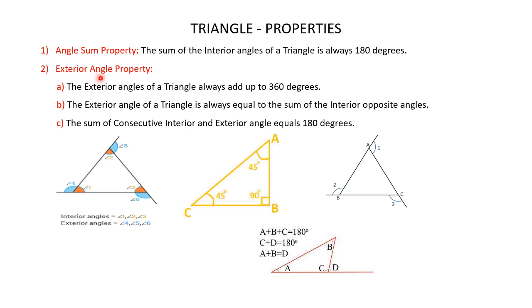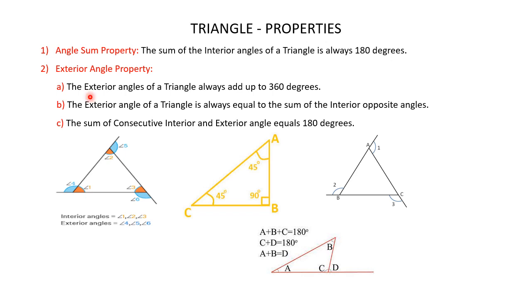Exterior angle property. Look at this figure again. Here, angle 1, angle 2 and angle 3 are the interior angles, whereas angle 4, angle 5 and angle 6 are the exterior angles. So let's now look at the exterior angle property of a triangle.